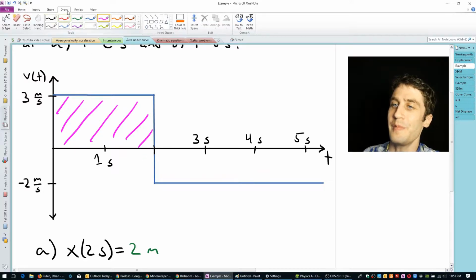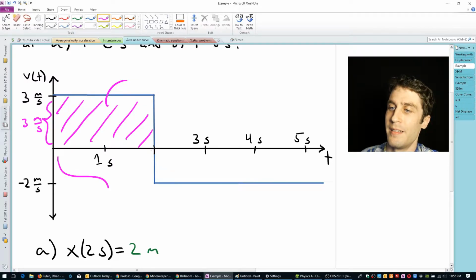So it's moving to the right at 3 meters per second for 2 seconds. The height here is 3 meters per second, and the width is 2 seconds. And so it is in fact the area under the curve.